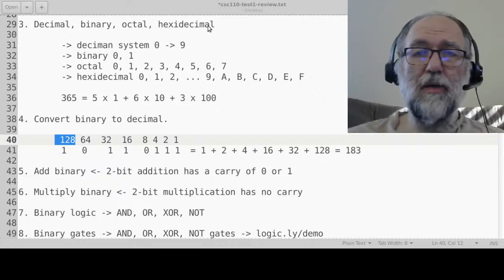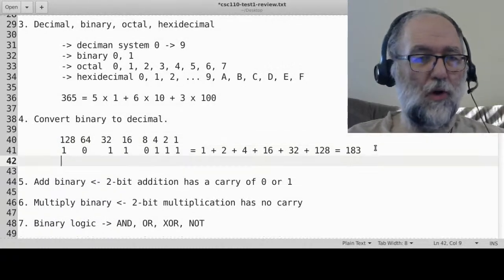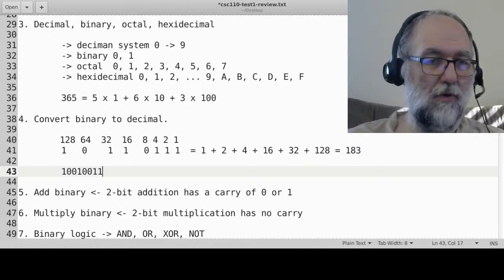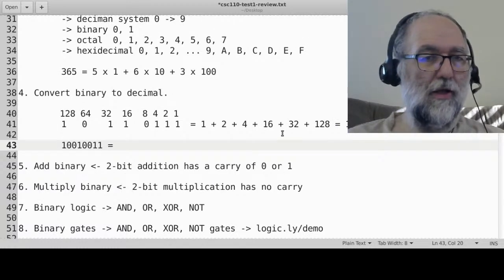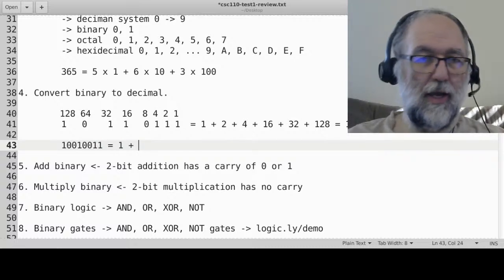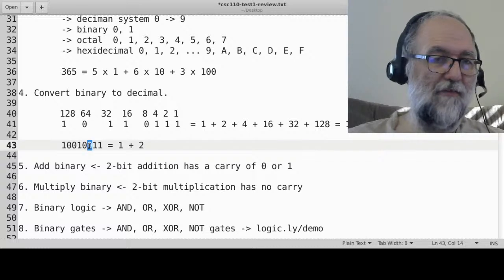I don't want to do a lot of these because they're pretty straightforward. Maybe I'll do just one more quick one here. 100100011. Okay, let's do that one. All right, so that has a 1 in the ones column, and it has a 1 in the twos column. Okay, that's the fours column.